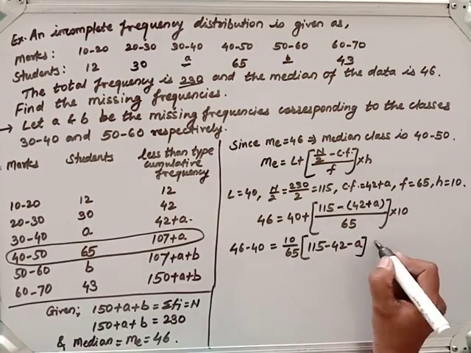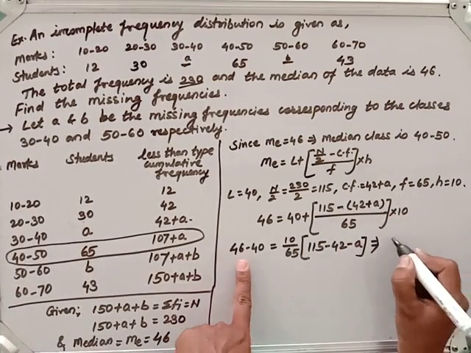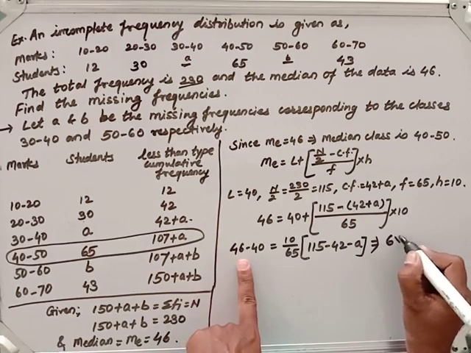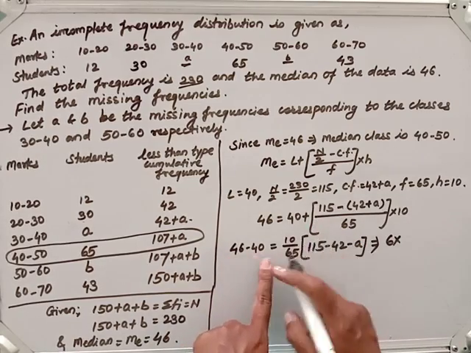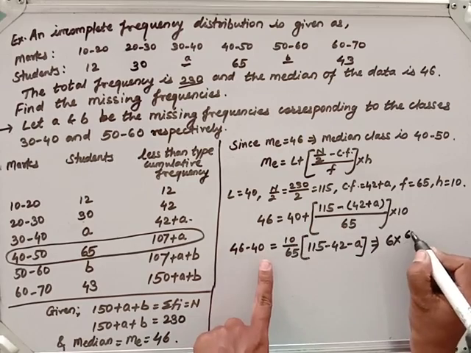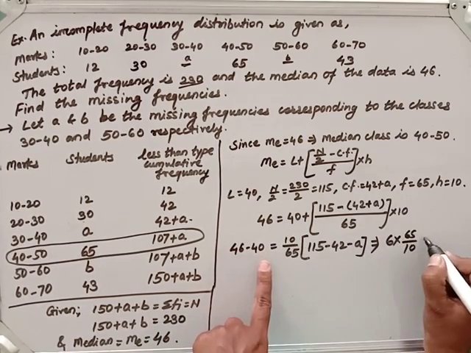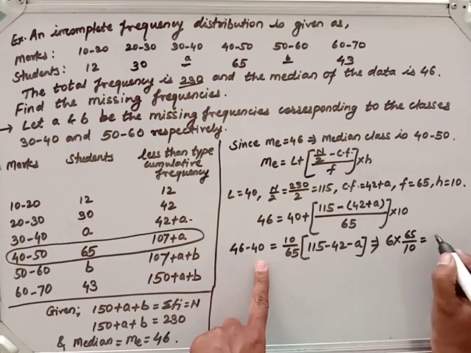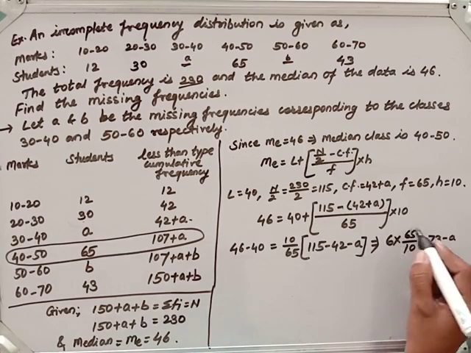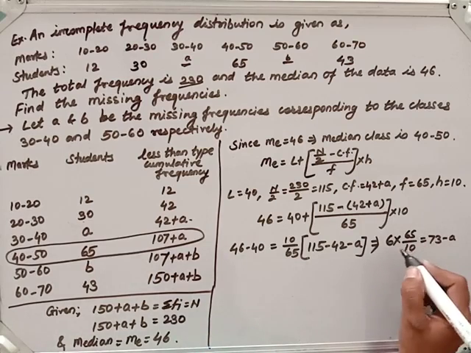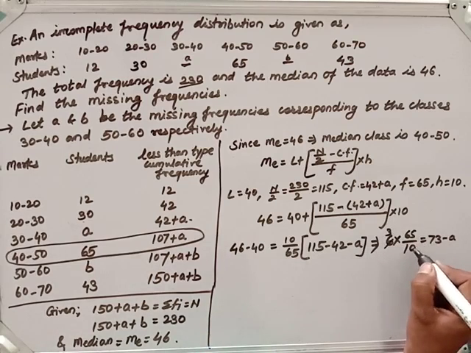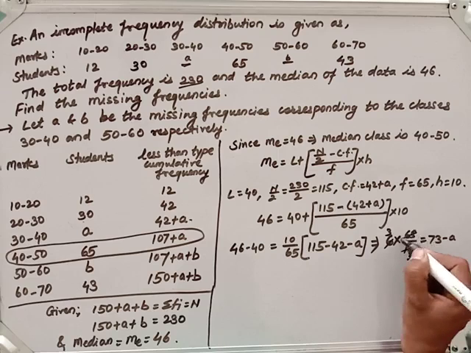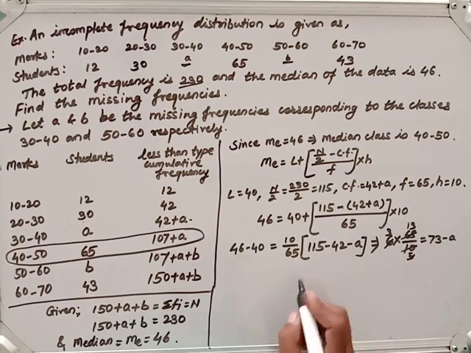Okay. So what does this imply? This is 6 multiplied by, let me take this one to this side with reciprocal, 65 upon 10, equal to, doing this subtraction, 73 minus A. What is 6 times 65 by 10? It is 39. You can do it: 3, here it is 5, 5, so it will become 13, so it is 39.